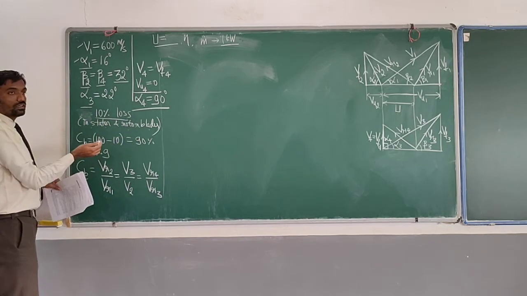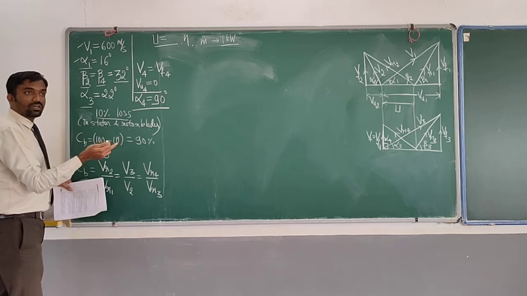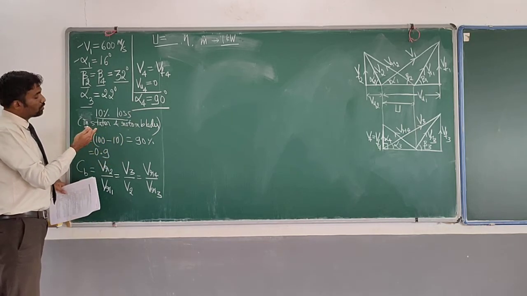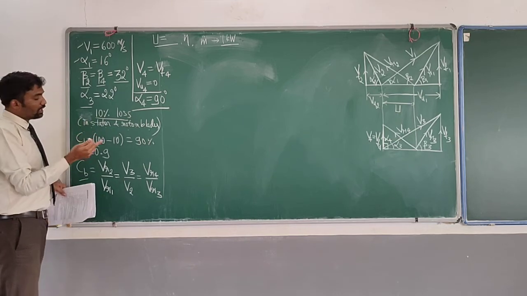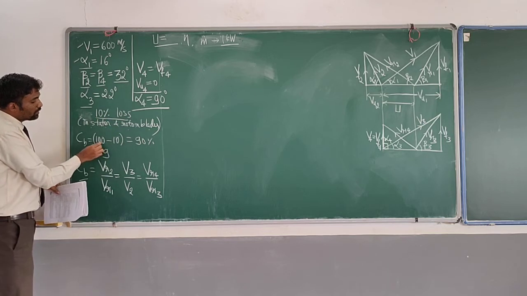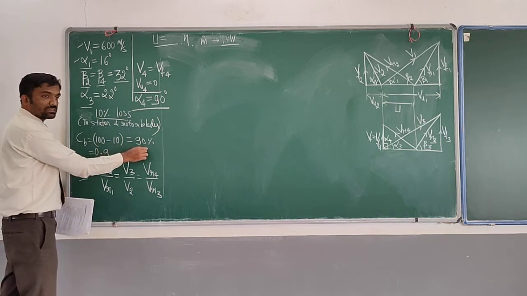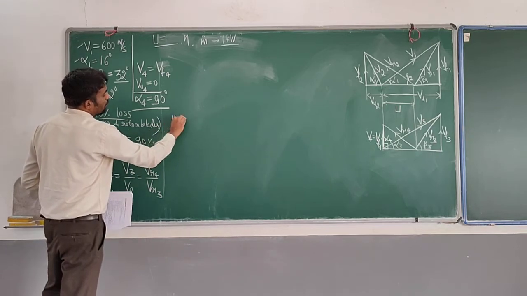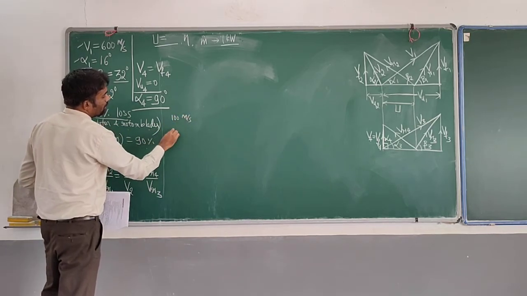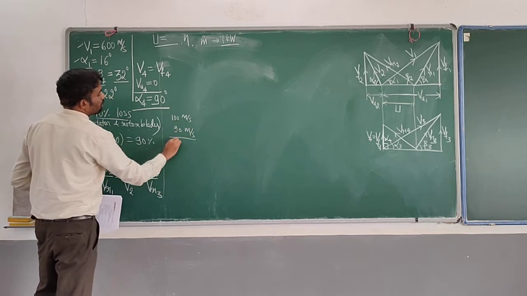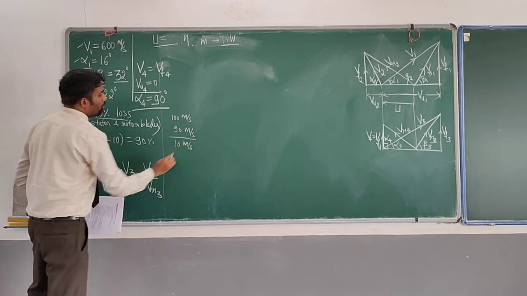The meaning is that when the steam enters a blade, say a moving blade or rotor, from inlet to outlet, it will lose 10% of the velocity. That is 100 minus 10, which is 90%. If the inlet velocity is 100 meter per second, when it comes out it will be 90 meter per second, so it loses 10 meter per second.